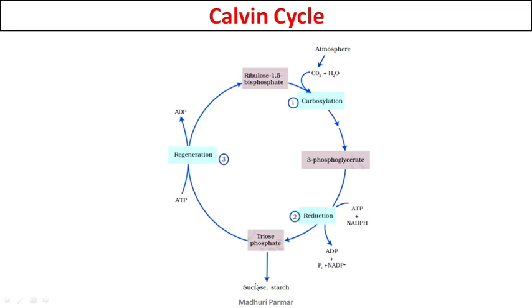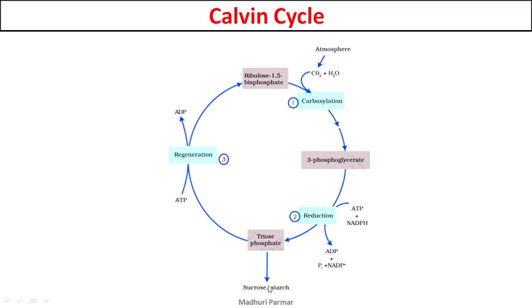This sucrose is the transport sugar. It will be transported through the vascular bundle to the sink, the tissue where it is required. At that place, sucrose is again divided into glucose plus fructose. That glucose is used to make starch, which is the storage polysaccharide. So this was the whole step after reduction.